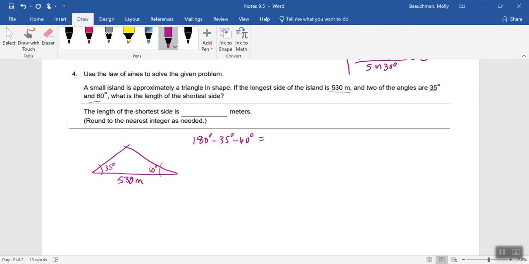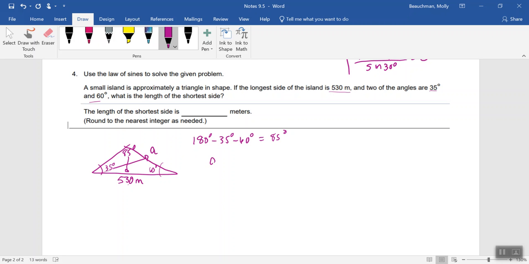And I end up with 85 degrees. So I know that this 85-degree angle is across from the longest side, and that's how I know that the two angles given are these two. All right, then the question says, what is the length of the shortest side? The shortest side is opposite the shortest angle, so 35 degrees. So this is what we're looking for, this side over here.